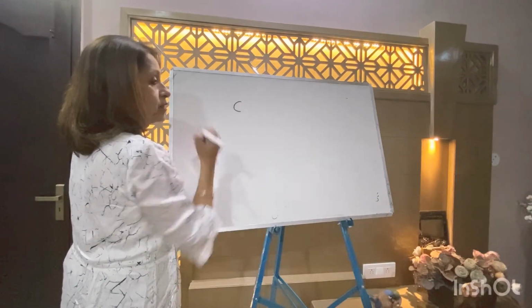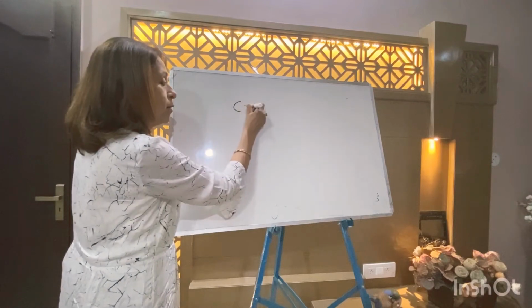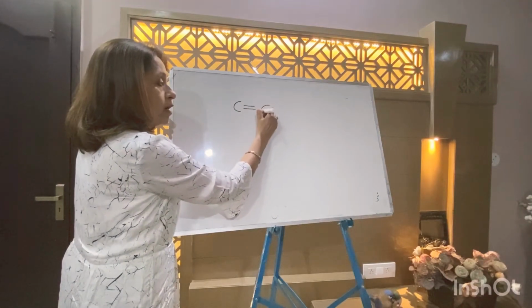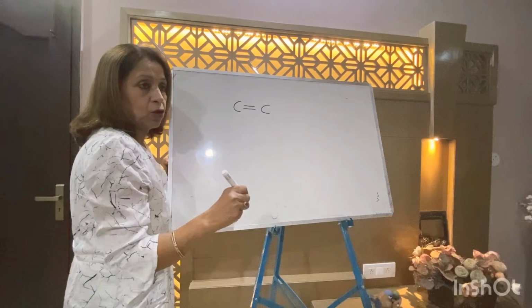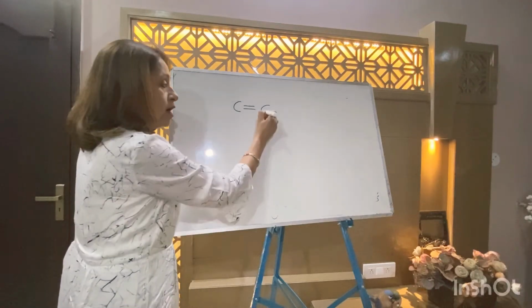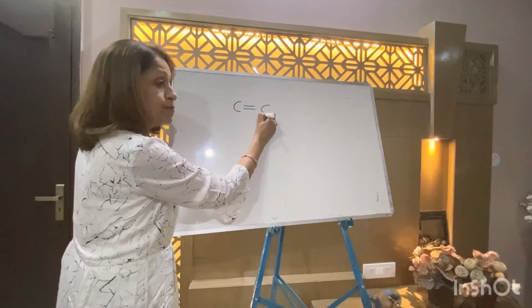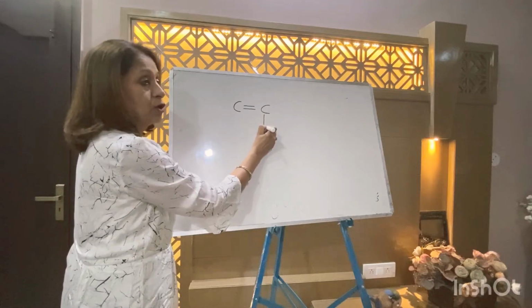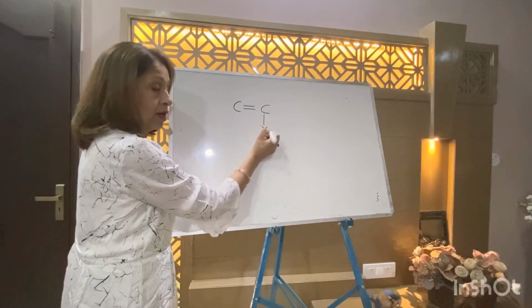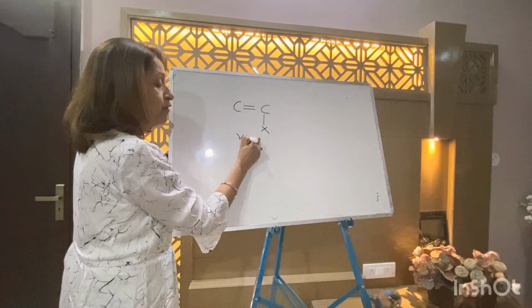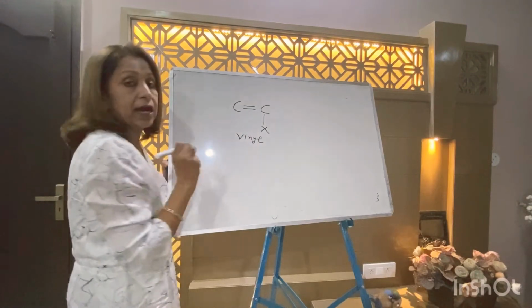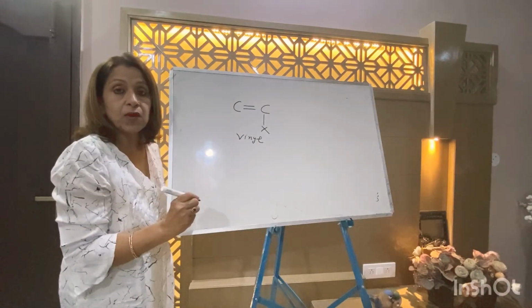Always remember, this is your C double bond C. If there is any functional group attached with the sp2 carbon, any function, not only halogen, even alcohol, always call it a vinyl compound.